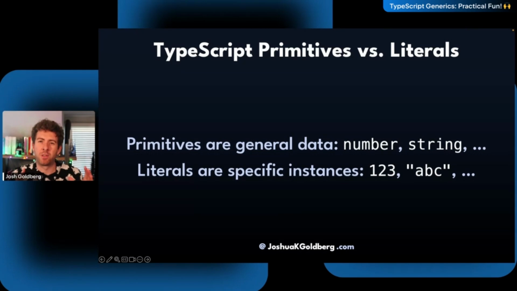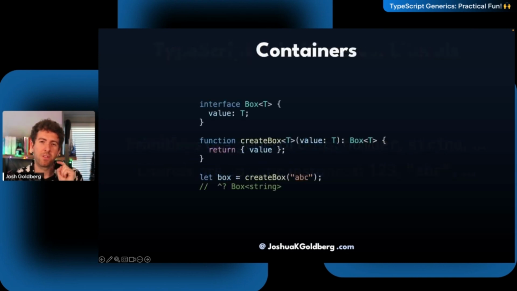Primitives are general data, like number, string, boolean, bigint, whereas literals are specific instances of those built-in data types, 1, 2, 3, "ABC", and so on. And TypeScript, for our inference, inferred string, but it didn't have to. It could have inferred the literal "ABC".